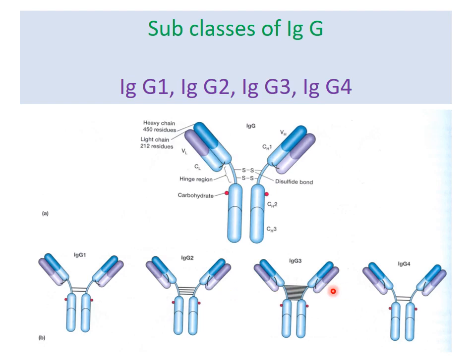The most interchain disulfide bonds are present in IgG3, followed by IgG2, where 4 disulfide bonds are present in the hinge region, whereas in both IgG1 and IgG4 only 2 interchain disulfide bonds are present in the hinge region.